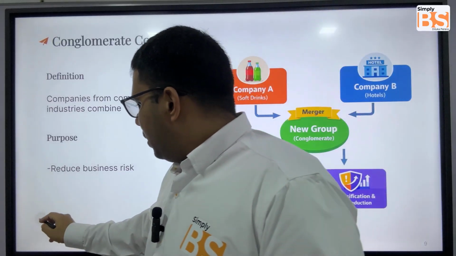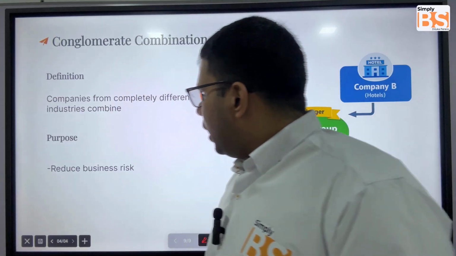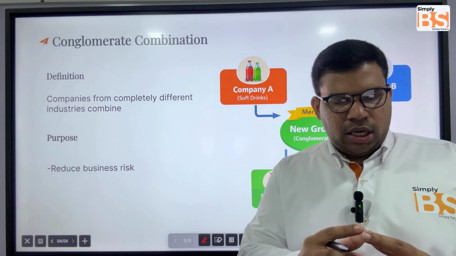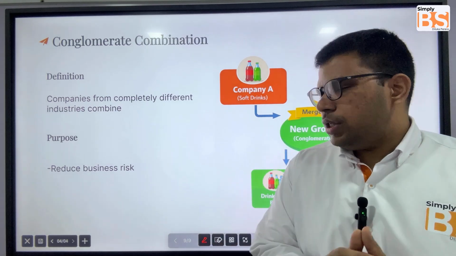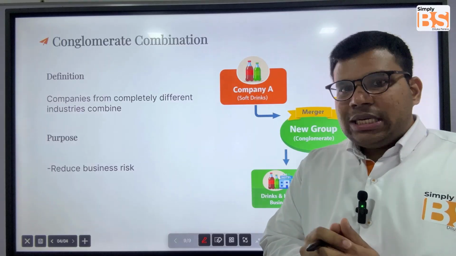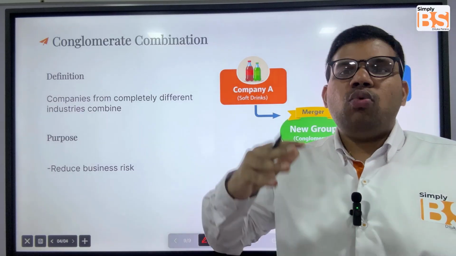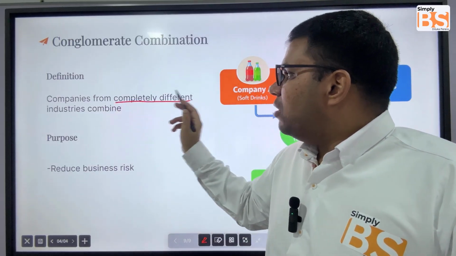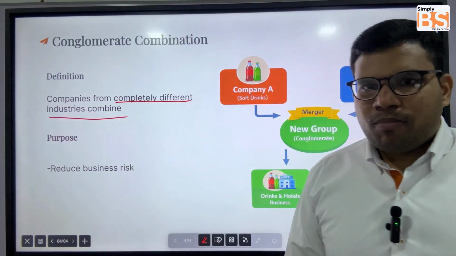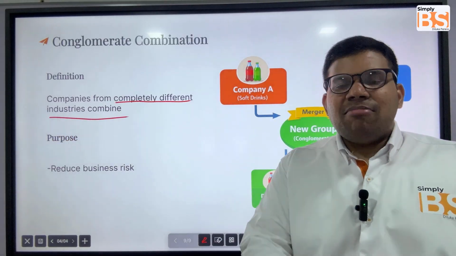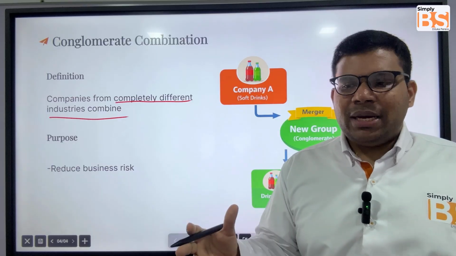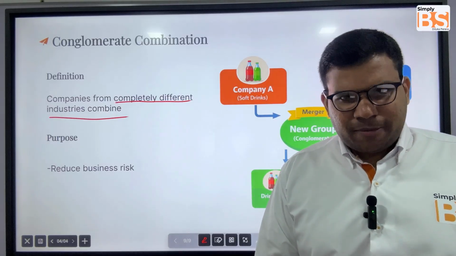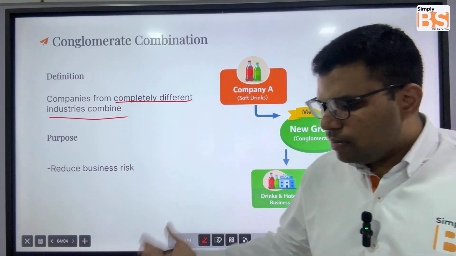It is a combination where a merger or an acquisition occurs between two or more companies who are from completely different industries. That is called a conglomerate combination.